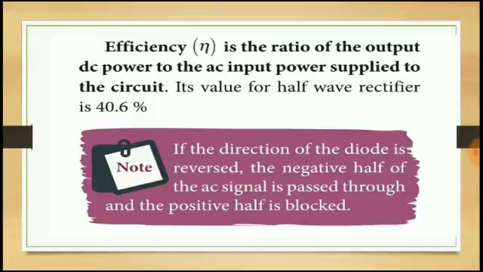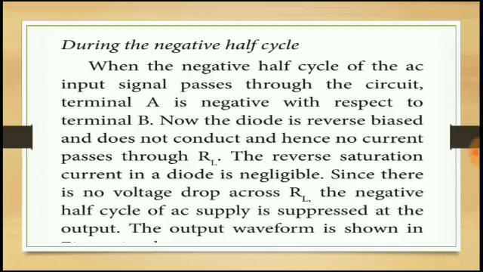Next, during the negative half cycle, the input signal passes through the circuit and terminal A is negative with respect to terminal B. Now the diode is reverse biased and does not conduct current. That means no current passes through the load resistance in that circuit.